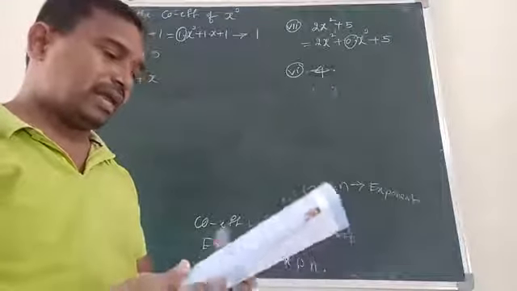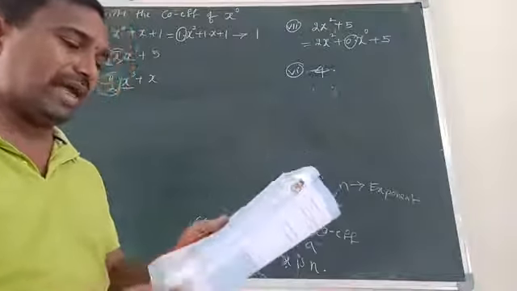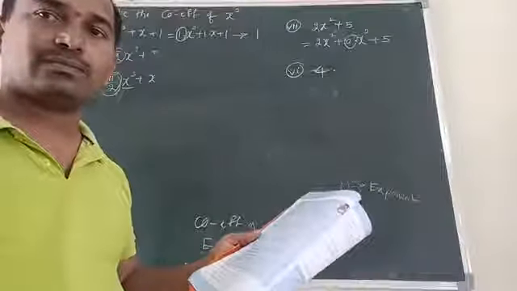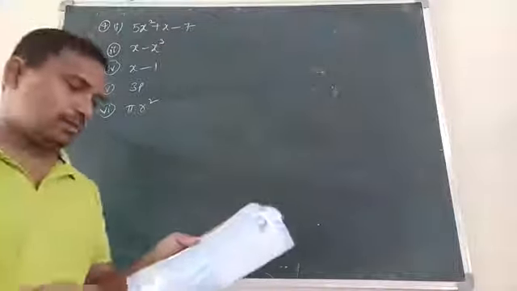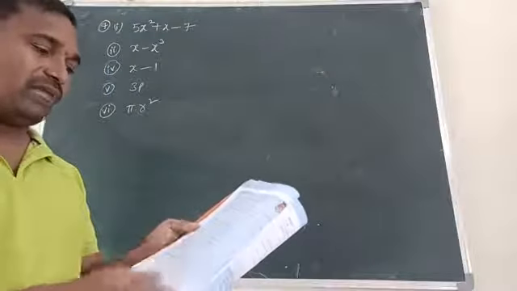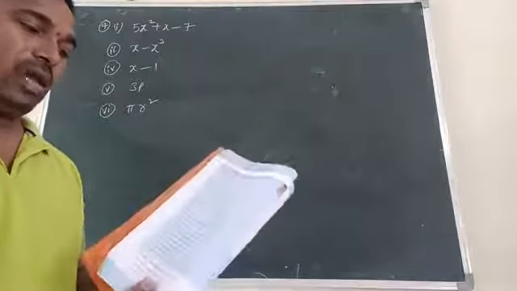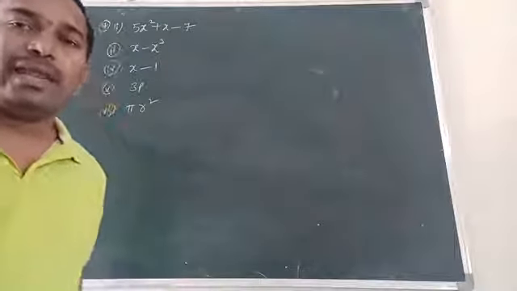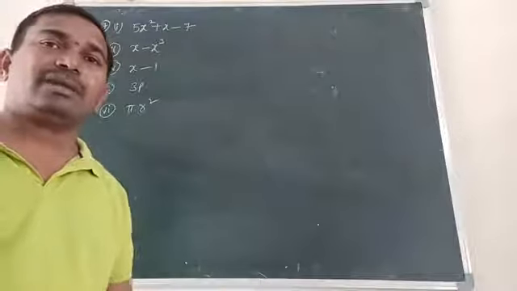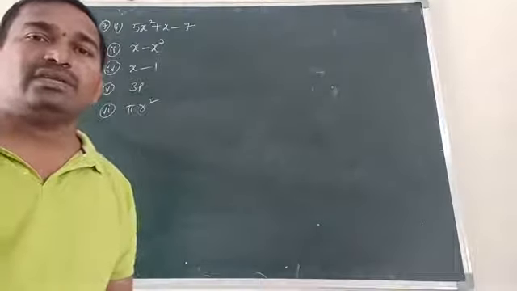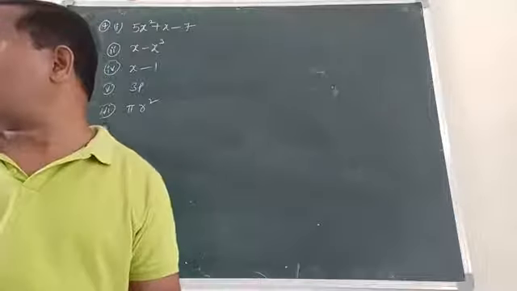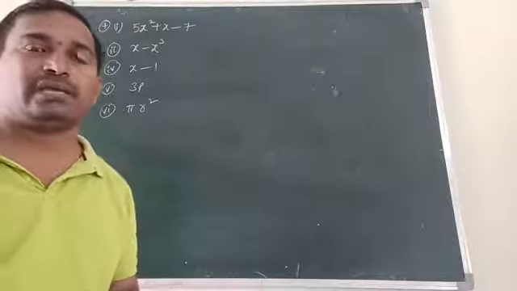Now next, classify the following as linear, quadratic, cubic polynomials. What is linear? A polynomial with degree 1 is called a linear polynomial. General form ax plus b.